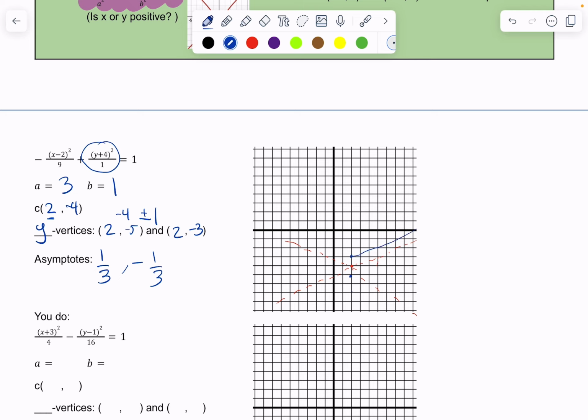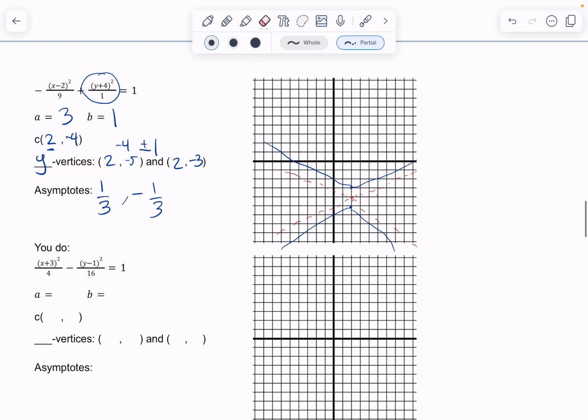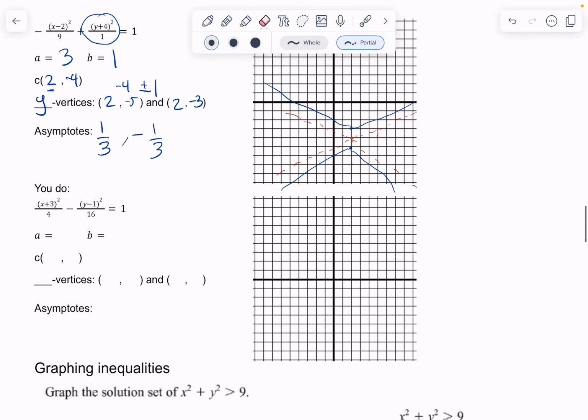It kind of looks like a parabola, but it's really not technically. And there you go. That's how you draw it. Next one I want you to do. If you need to pause this video and do it yourself, please do it yourself. Otherwise, unpause. Here we go.